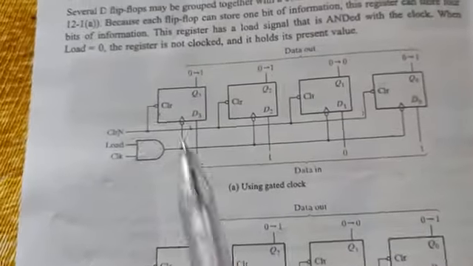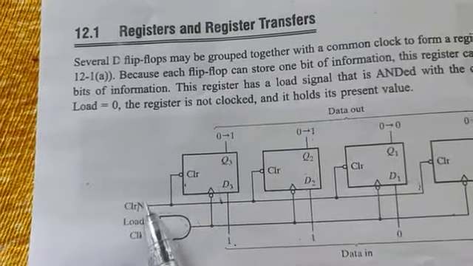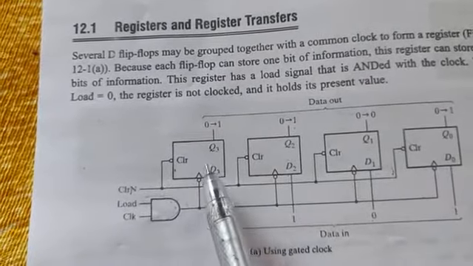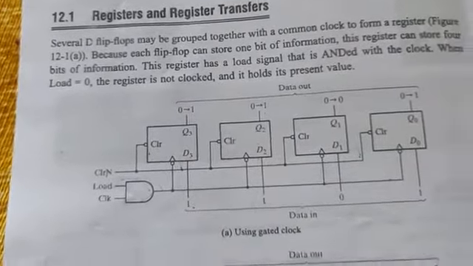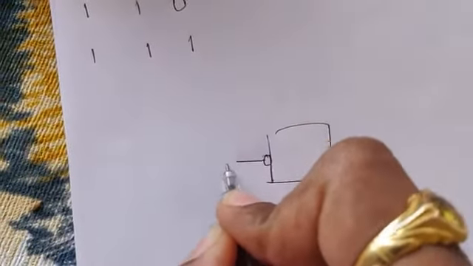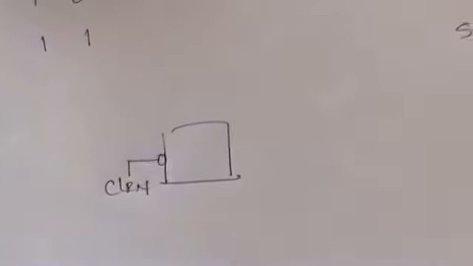Then we have a clear. All 4 flip-flops are connected by a clear. I hope you remember clear. What does it do?